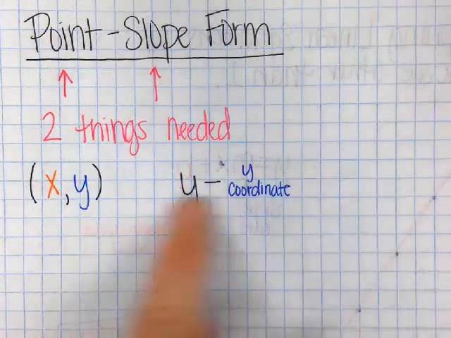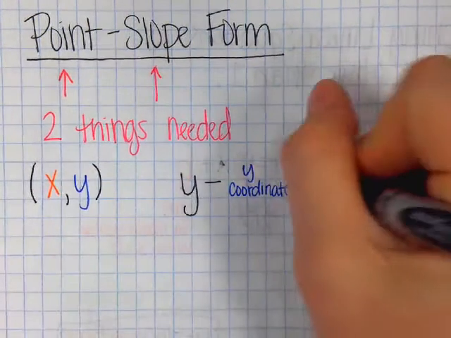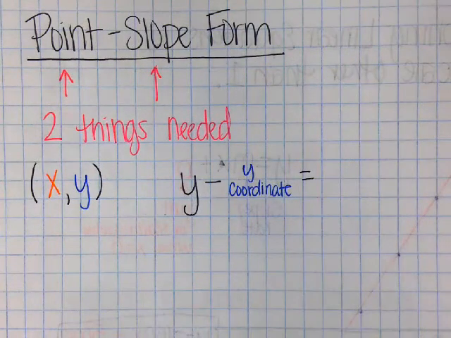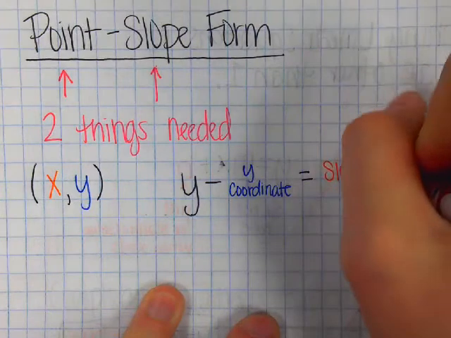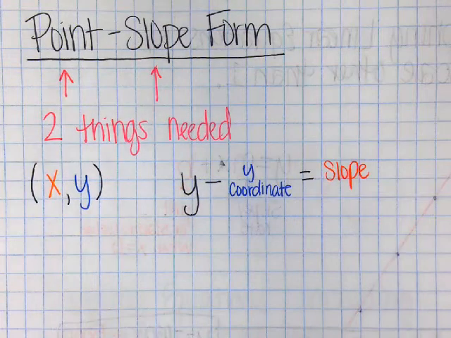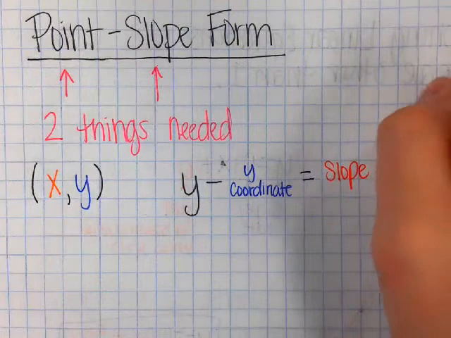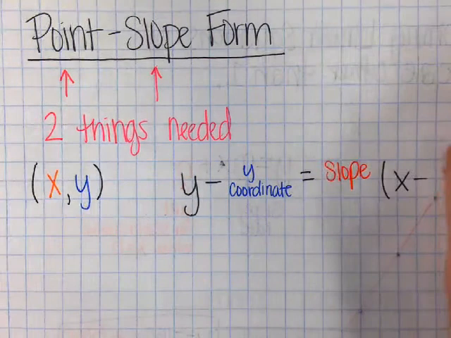So it's the y coordinate of that point equals the slope, parentheses, x minus the x coordinate.